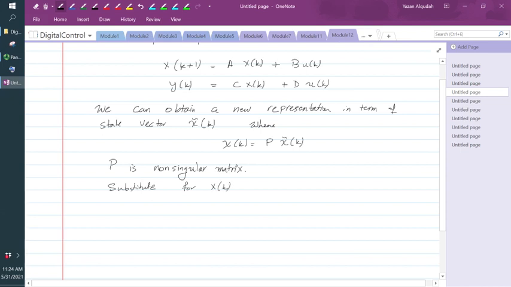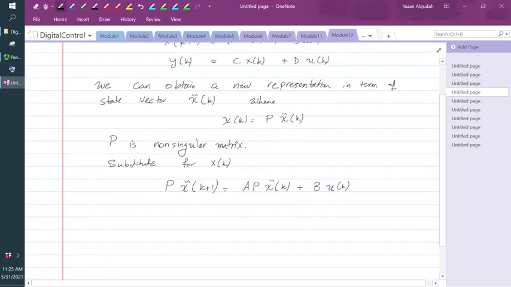In the equations above, x of k plus 1 is going to equal P multiplied by x tilde of k plus 1. This is going to equal A multiplied by P multiplied by x tilde of k plus B multiplied by u of k. Agree? All we've done is substitute for x of k with P multiplied by x tilde.